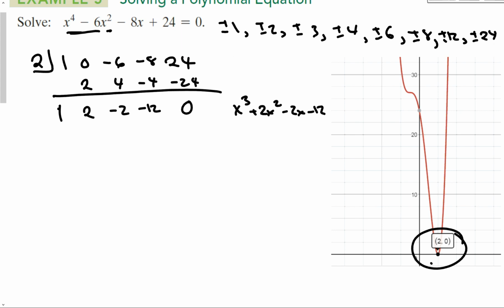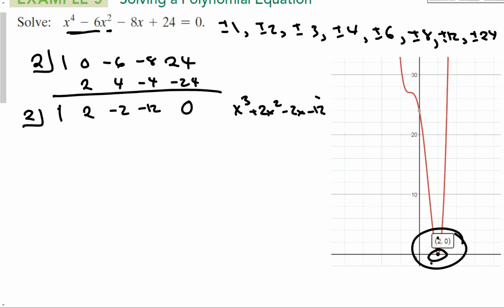But if I remember last lesson, in terms of multiplicities, because the graph touches the x-axis and goes the other direction, this particular 0, 2, has a multiplicity of 2, which means it happens twice, which means I can divide it out again. And I can do that by continuing to divide the polynomial.